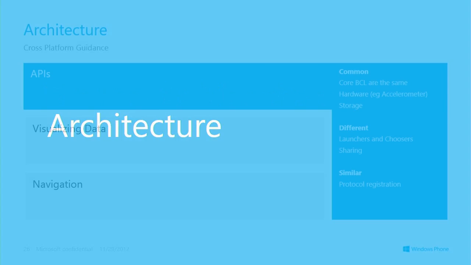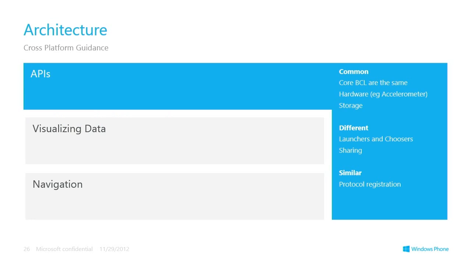Something on architecture now. A lot of the APIs, the core BCL, are the same. So at the heart of things, we have pretty good news here. The core base class libraries are largely the same. The Windows Phone runtime is a subset of the full Windows WinRT, while the .NET libraries that sit alongside that, the .NET profile for Windows Store on Win8 and the .NET libraries for Windows Phone, have some commonality and some differences.